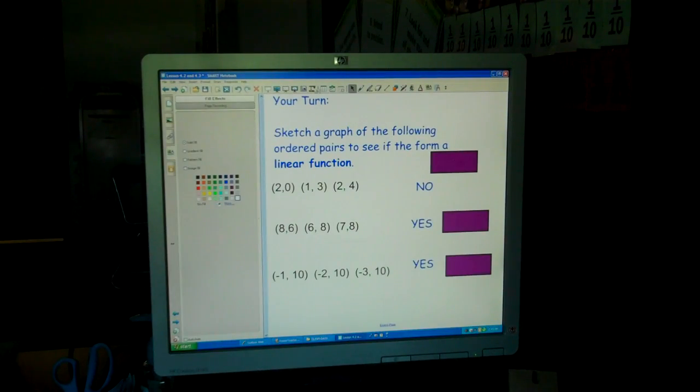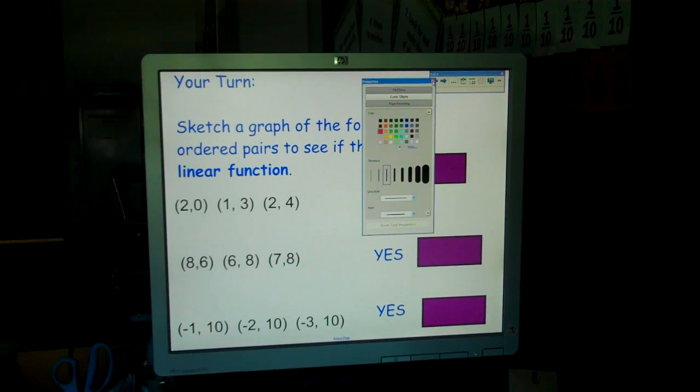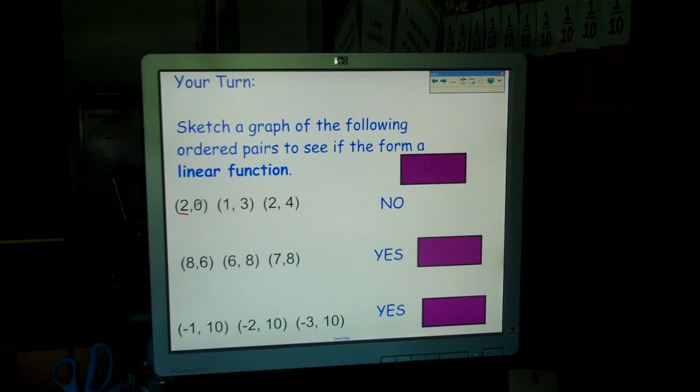When I do 2, two has an output of 0, and 2 also has an output of 4. To be a function, every input can only have 1 output. So on my coordinate plane, I would go over to 2 and go to 0, but then I'd also go to 2 and go up to 4. And that would not pass the vertical line test. I hit 2 dots. If you do the rest of these, you should find that yes, they do pass the vertical line test.